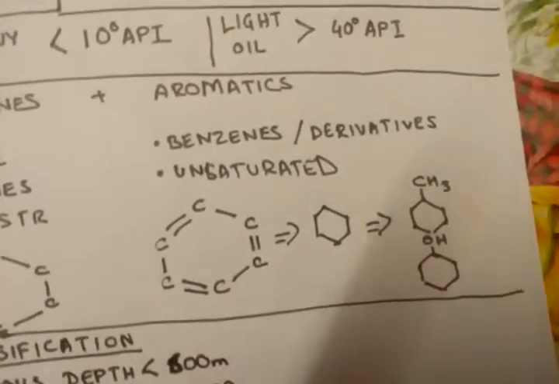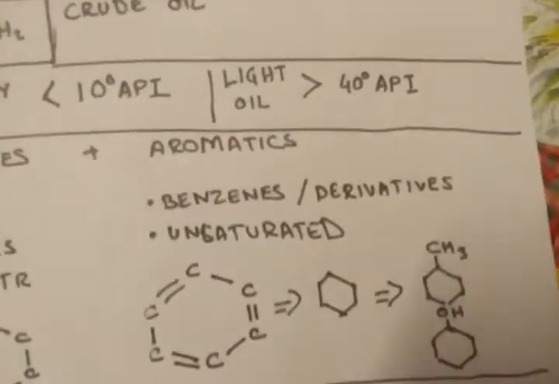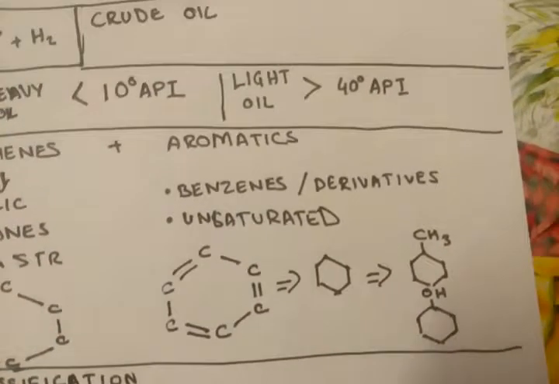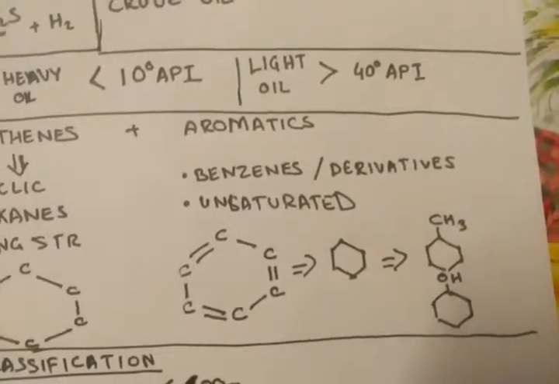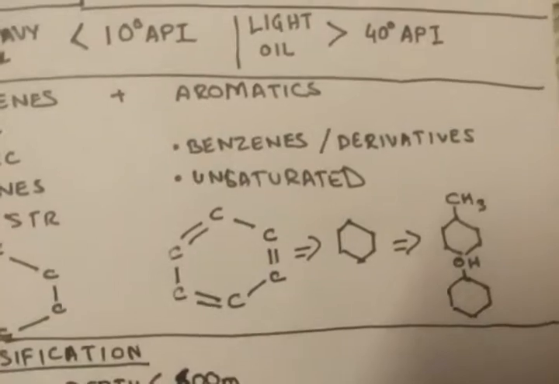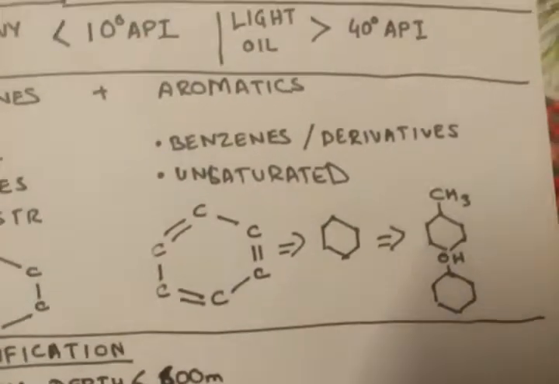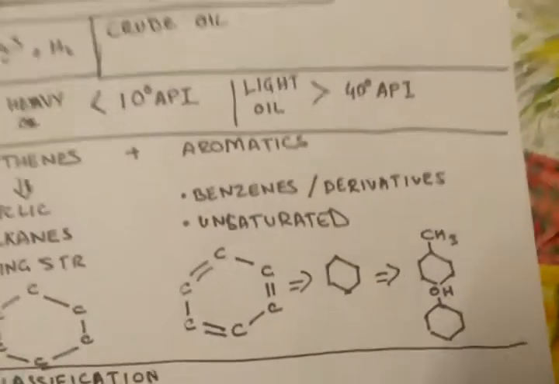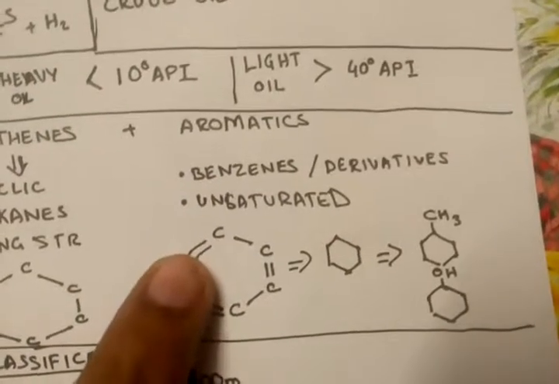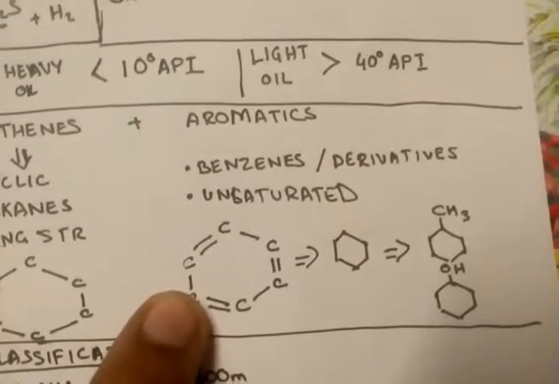They're saturated. After that, the third component is aromatics. Aromatics consist of benzenes or derivatives of benzenes. They are unsaturated and have resonating structures, with alternating double bonds and single bonds.